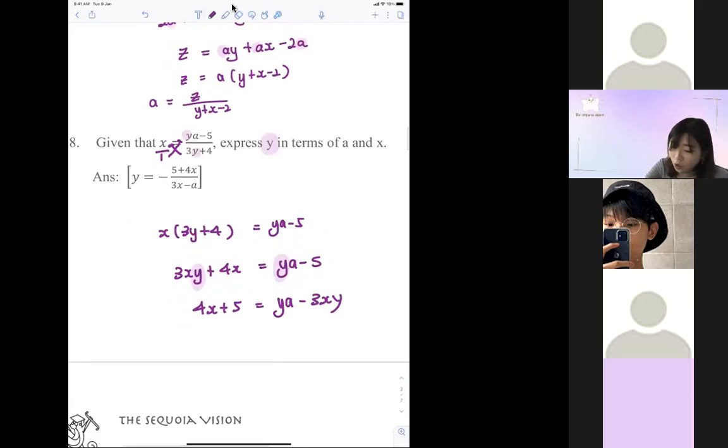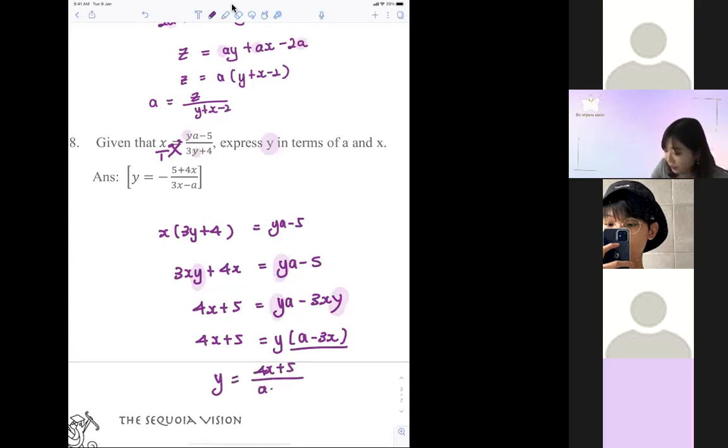So, all my Y is one side, no Y one side, I know that I'm at my second last step. So, second last step, take out my Y. And then final step, bracket bring over, divide. So y is equals to 4x plus 5 over a minus 3x.